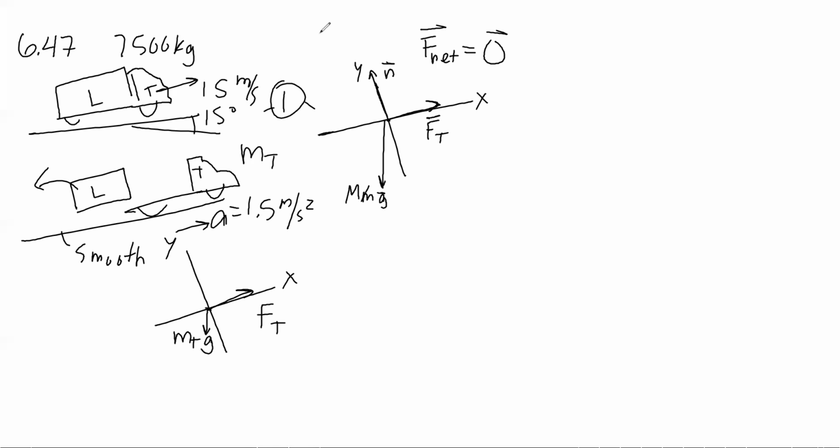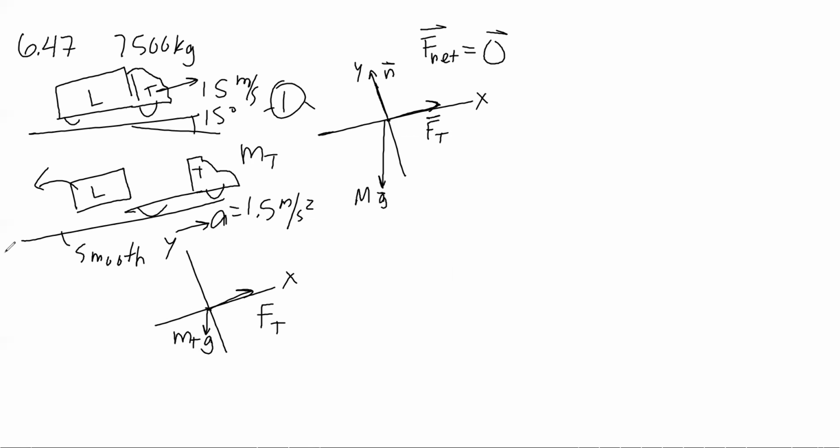Let me clean that up. I think that's more helpful. So cap M is the mass of them when they're together. And we know that cap M is 7,500, but we're trying to find little m, which is the mass of just the truck.